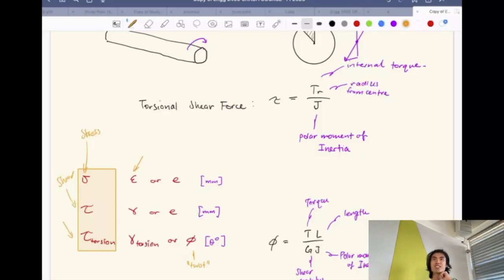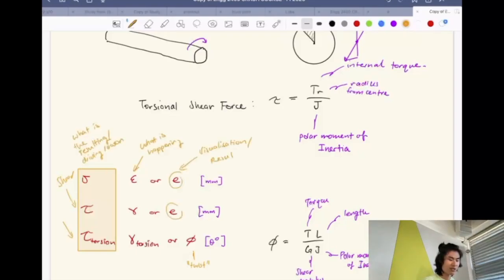So these are what is happening, the driving reason, and this is the actual visualization, the physical result.